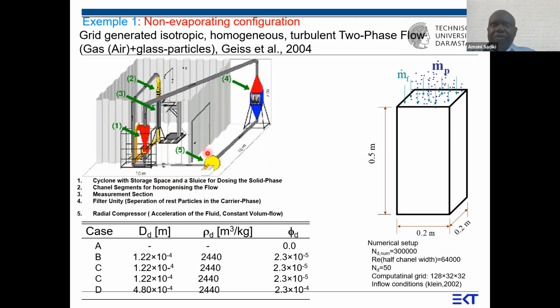Here we have some grid to make our turbulence homogeneous, and it is the measurement section. We naturally have the filter here, and also the compressor to make our system run correctly, so that we have enough air to carry our particles, and these particles are seeded here from this cyclone.